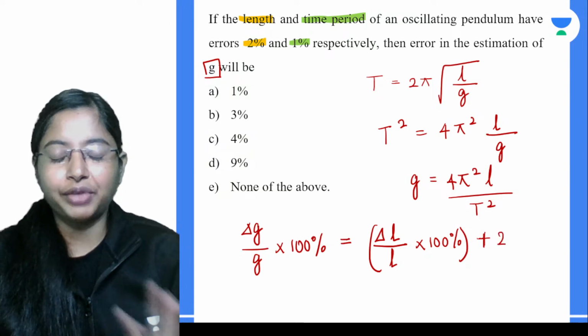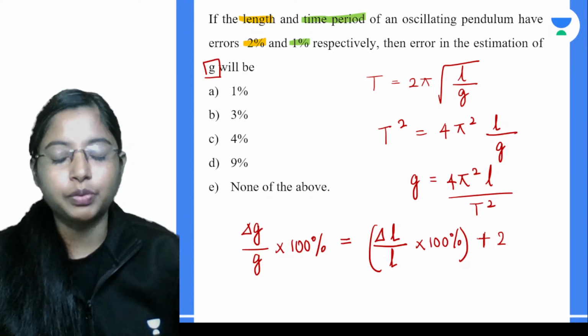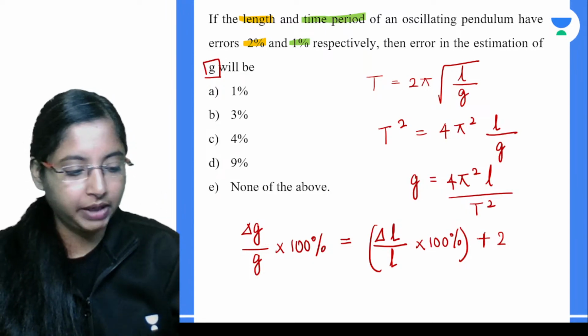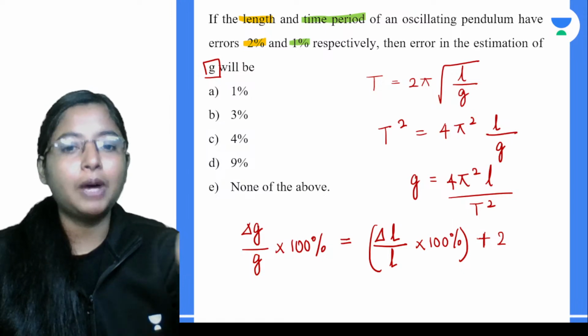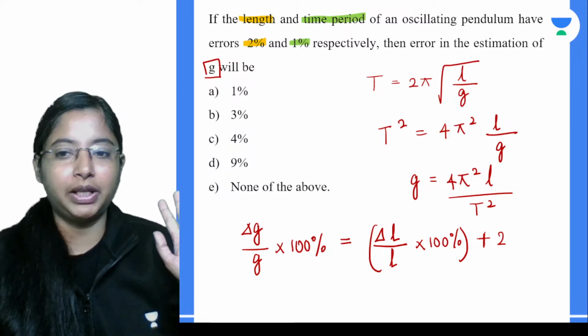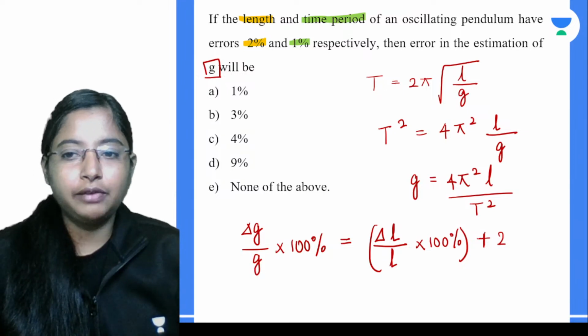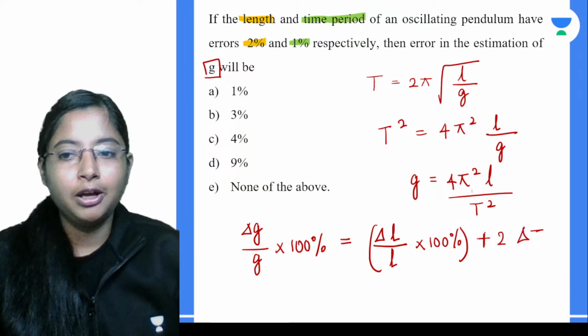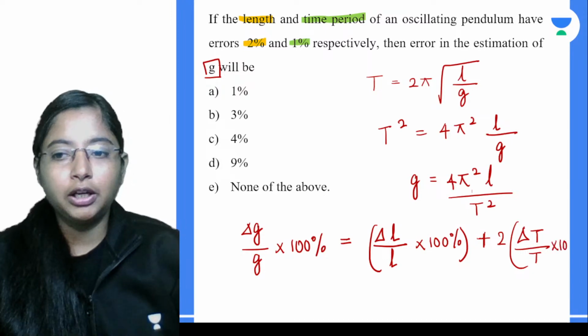Remember, when you're finding error, you only take addition into account, because if you bring in a negative sign, the final error value reduces. What we are trying to find is the maximum possible error. So we add 2 times, in terms of T, the absolute error in time period by the actual value of time period into 100%.